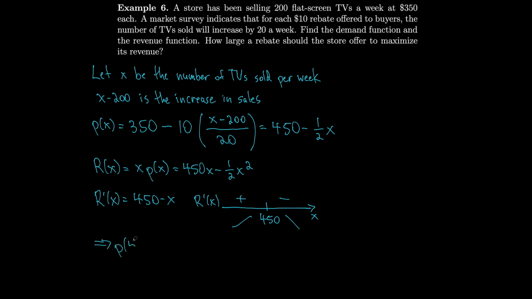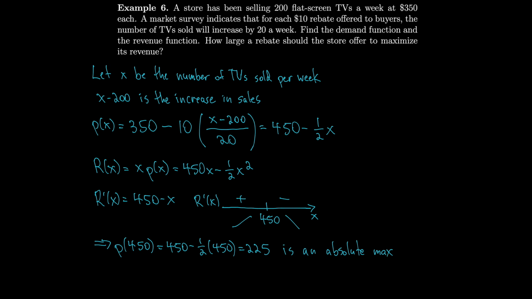So that means that P at 450, which is 450 minus a half times 450 equals 225, is an absolute max for revenue.